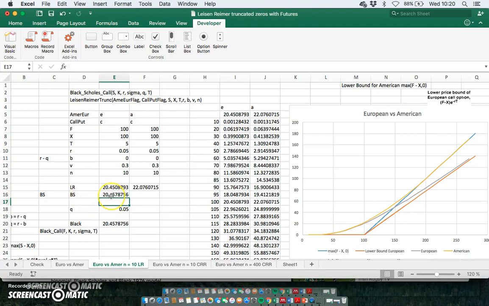So for the European option using these parameter inputs, Black-Scholes would give 2.045, and Leisen-Reimer at 10 steps is getting us pretty close to that. We also invoke the Black model to show that the result in the Black model is the same as Black-Scholes.